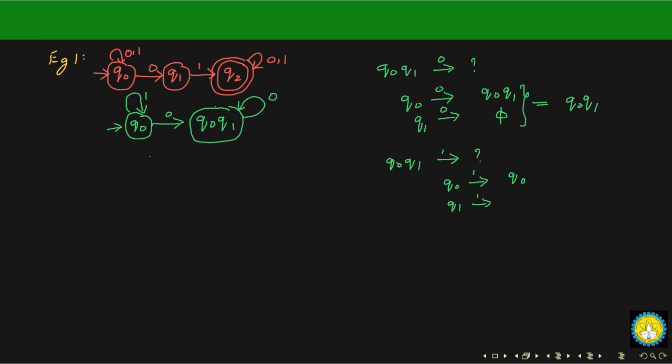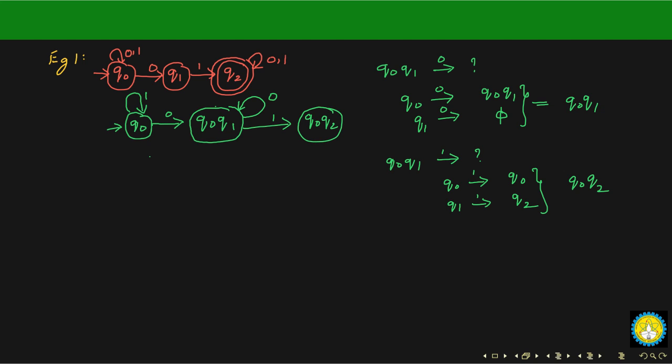Q1 on 1 has only one option. That's to Q2, right? So for Q0 Q1's transition on 1, you have to combine this, so it will be Q0 Q2.